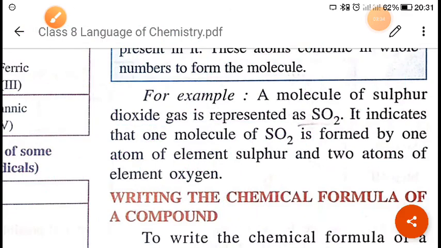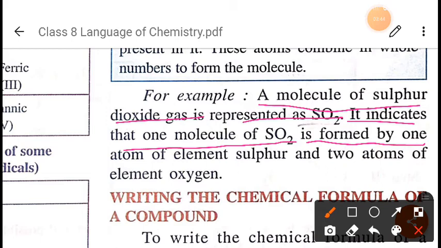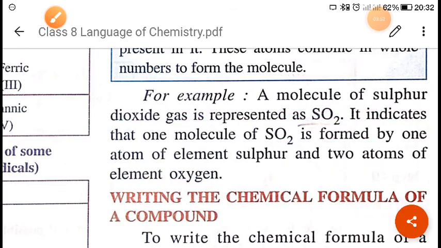I hope you are understanding this. So a molecule of sulfur dioxide is represented by SO2, and it indicates that one molecule of SO2 is formed by one atom of the element sulfur and two atoms of the element oxygen. I hope you have understood how to write the formula of a compound, right?